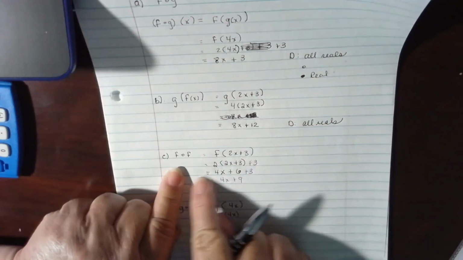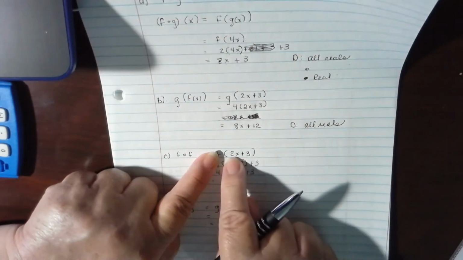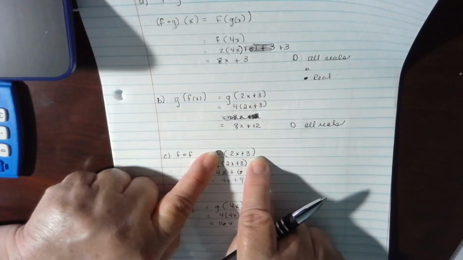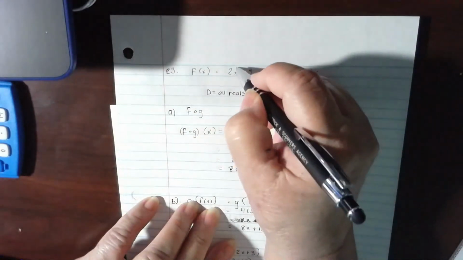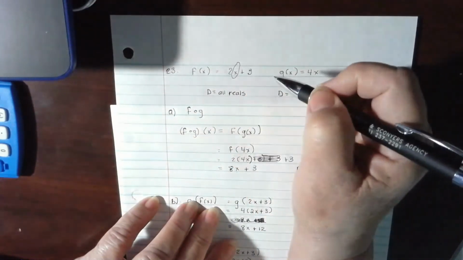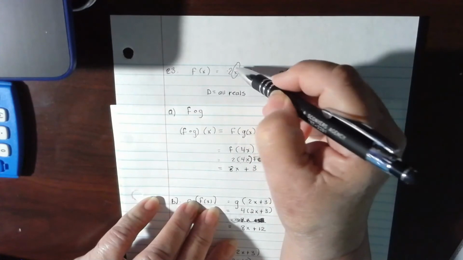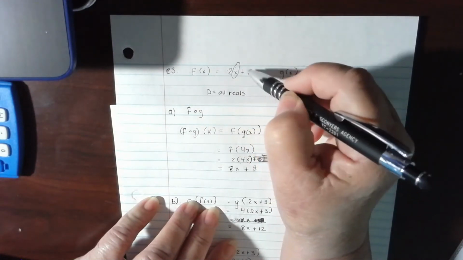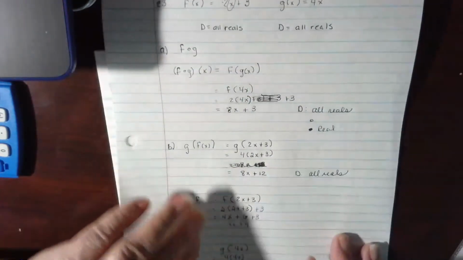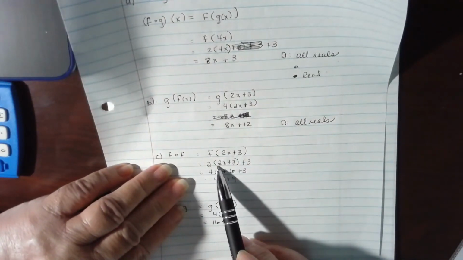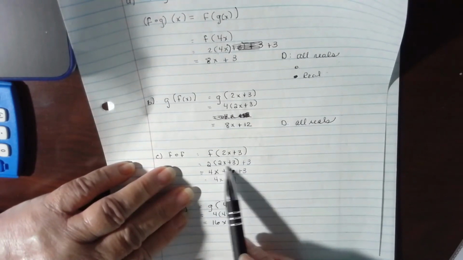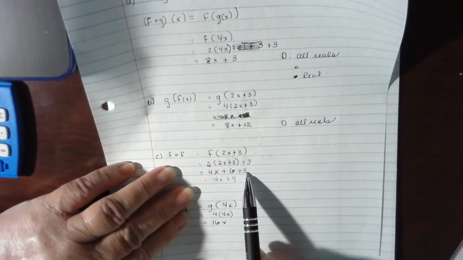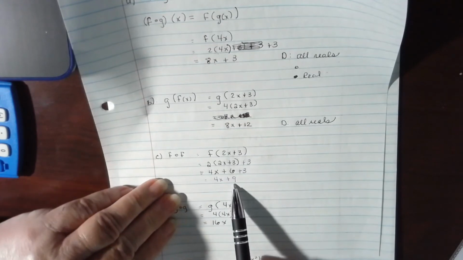Alright, f composed with f. Remember f was 2x plus 3. So I'm going to take that 2x plus 3 and put it in right here. So I'm going to have 2 times 2x plus 3, plus 3. So that's what I have written here. That gave me 4x plus 6 plus the 3, which gave me 4x plus 9.